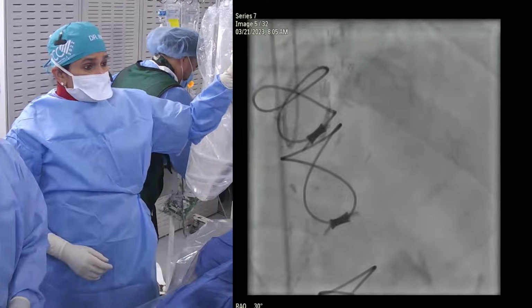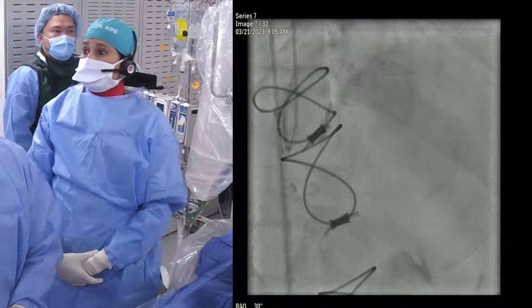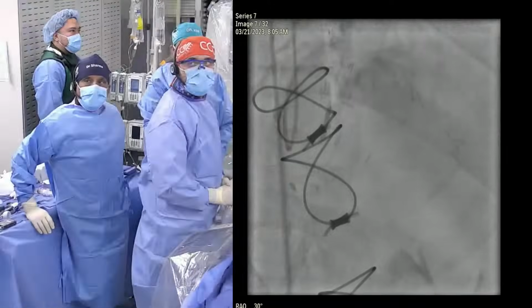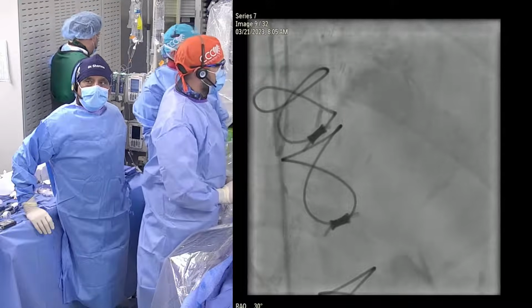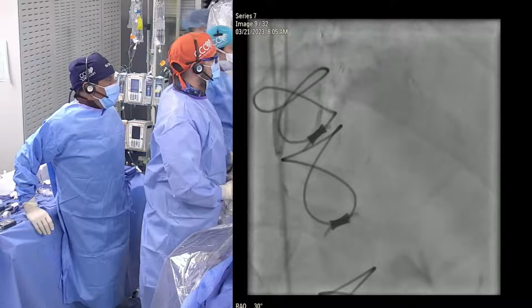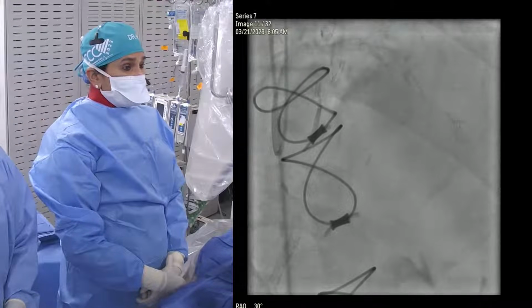Now, before we did this, in this view, it doesn't look bad actually. On the fluoro, that's the carina of the two stents, the LAD and the diagonal, and then you see the underexpanded stent.